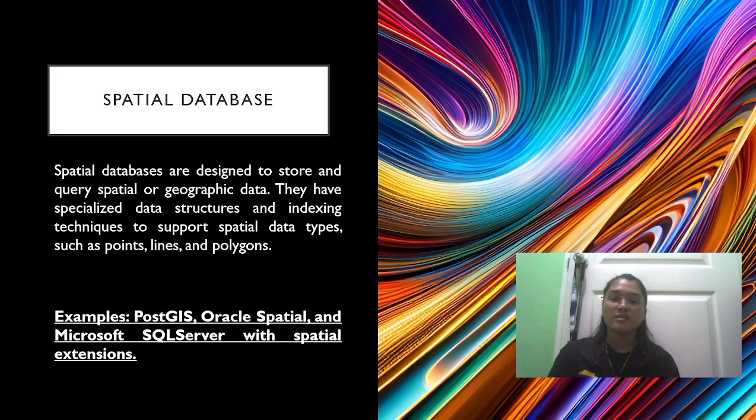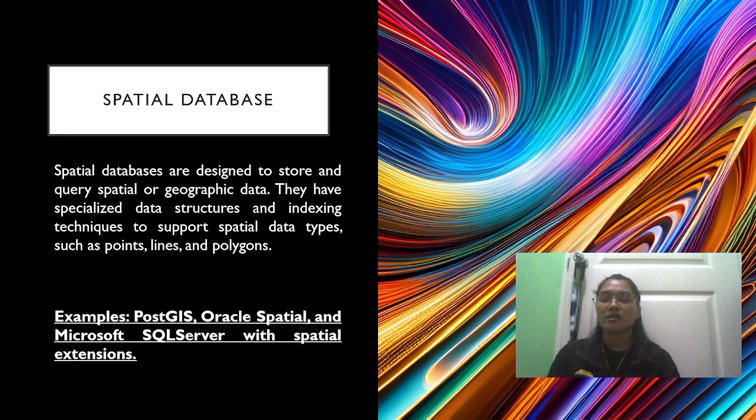Spatial database. Spatial databases are designed to store and query spatial or geographic data. They have specialized data structures and indexing techniques to support spatial data types such as points, lines, and polygons.